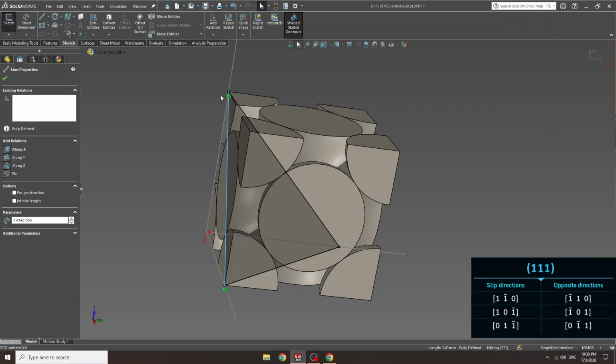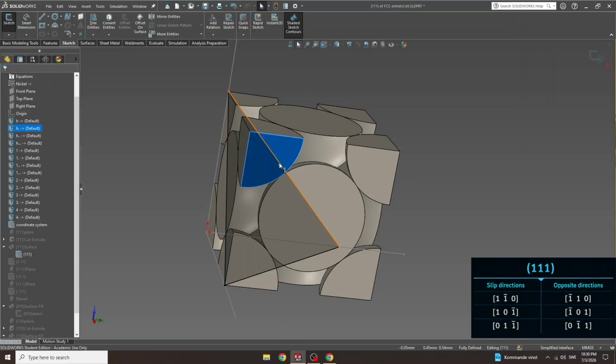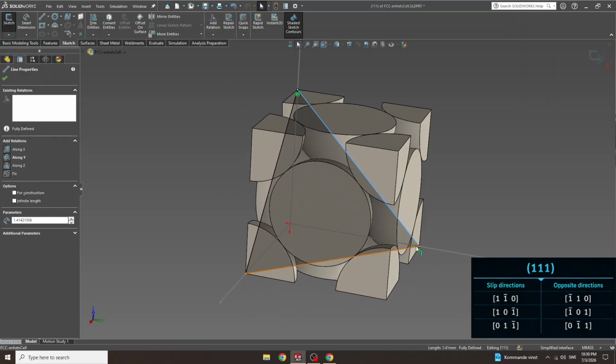Or 1 if you do the opposite: 1 in the x direction, 1, 0, minus 1. This direction, if you go this way, you go 0 in x, minus in y, and plus in z.